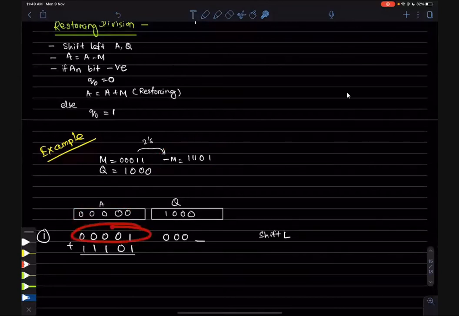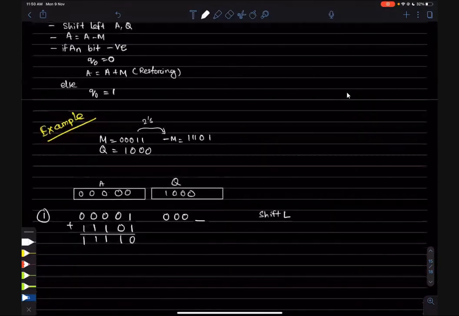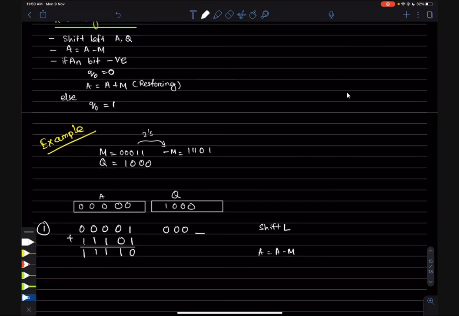The output is 1 plus 1 is 0 with carry, and so on, giving 1 1 1 1 1. We write here that the a is equal to a minus m operation is done.